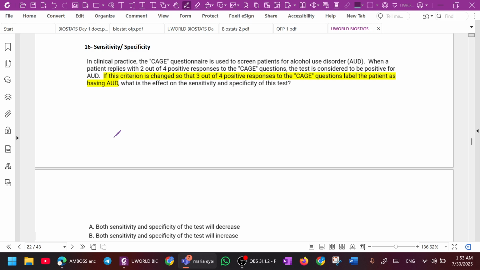If the criterion is changed so that 3 out of 4 positive responses to the CAGE questions label the patient as having alcohol use disorder, what is the effect on sensitivity and specificity?